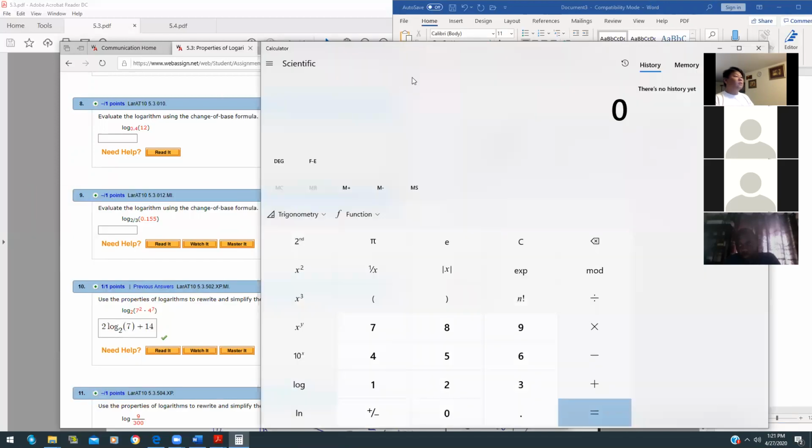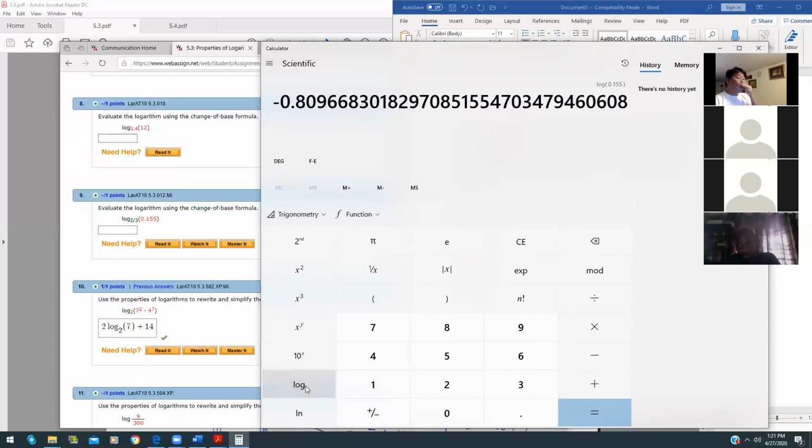So you can use log of, where's my log? Oops, sorry. 0.155 log it, divided by 2/3, right? 2/3, and you log it.